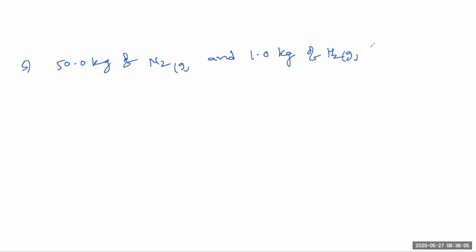Write down the question right now. 50.0 kg of nitrogen gas and 1.0 kg of H2 gas are mixed to produce NH3 gas.